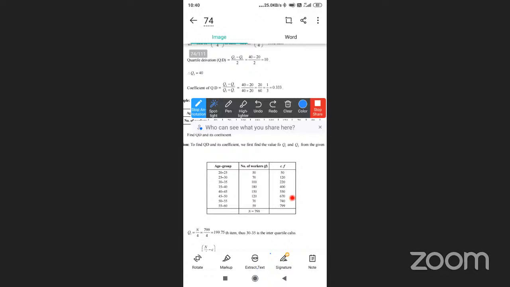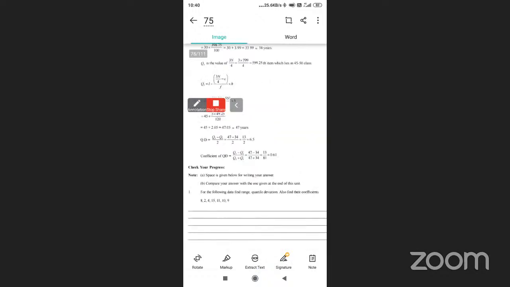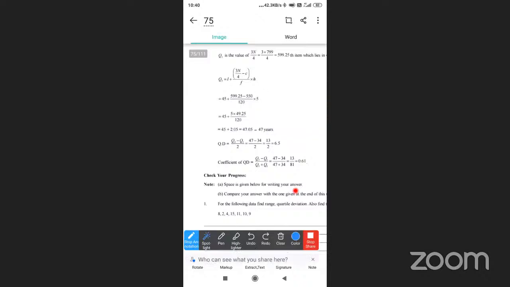So the corresponding interquartile class is 45 to 50. So L3 is equal to 45, H is equal to 5. The frequency is 120 and CF is 550. Take those values and substitute in this equation. That is Q3 is equal to L plus (3N by 4 minus CF) by F into H. So substitute all the values. You should get 47.05. That is nothing but 47 years.